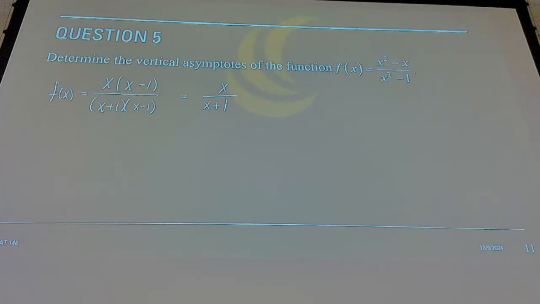What's the numerator? 0. What's the denominator? 0. It's undefined. 0 over 0, that's undefined. What is the right-hand side? 1/2. Are they the same? Nope. That's a false statement.